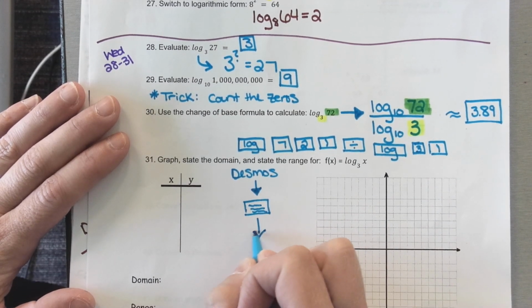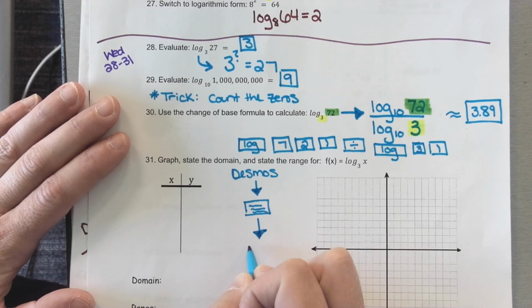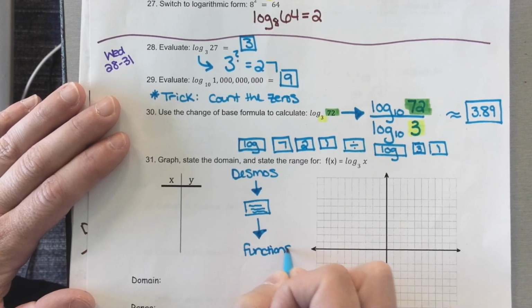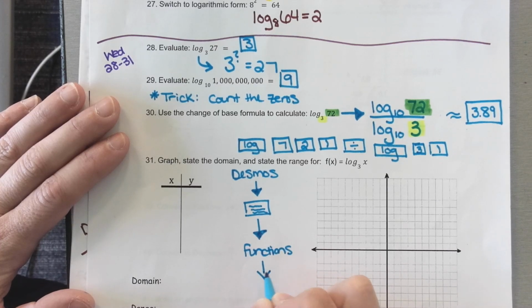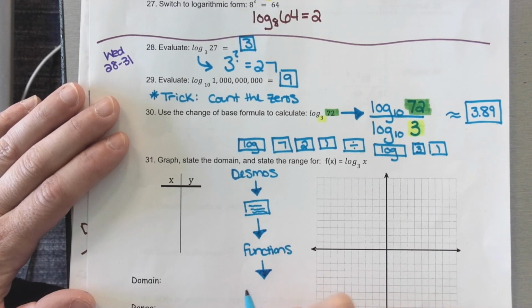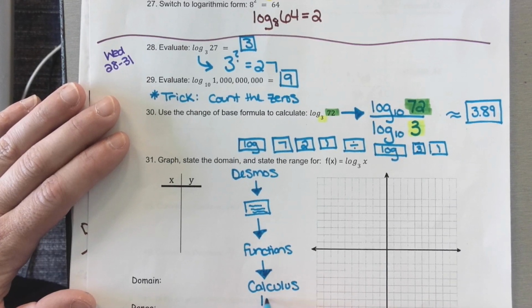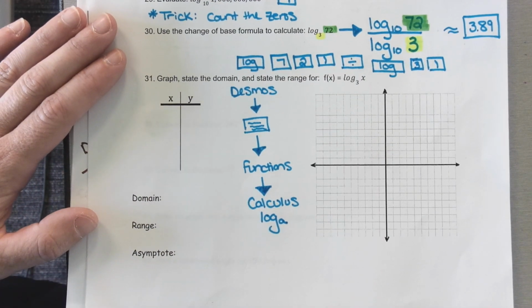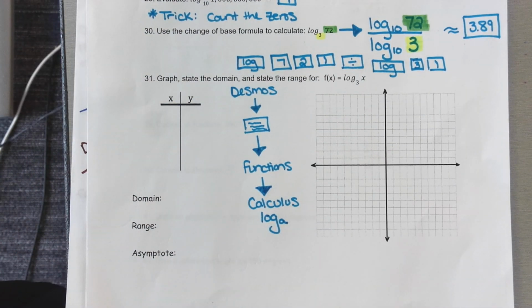Then you need to click on the word functions. Remember this? And then you need to go to calculus, that's the topic, and it's log base A. So it looks like this. So this is the chain of things that you need to do.